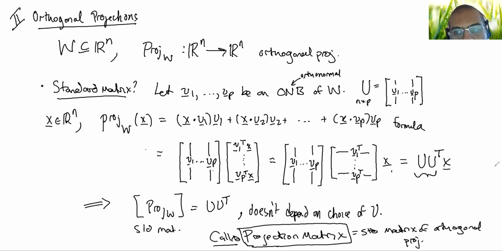Okay, so by the way, this is an n by n matrix. And here's how this matrix is related to the subspace W. So the rank of this projection matrix.